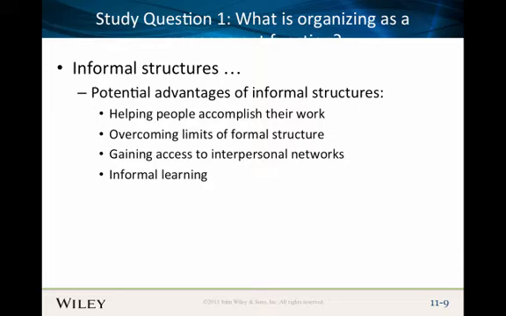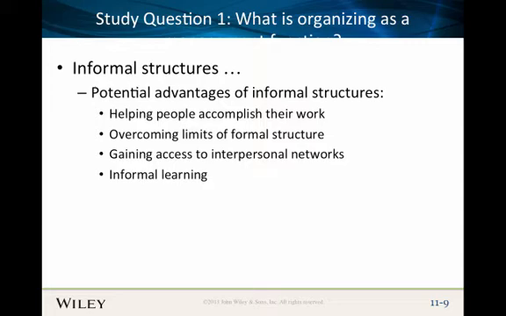A third advantage of informal structures is gaining access to interpersonal networks. What that means is that in the organization, many times people are trying to find ways to connect to others, to get resources, to be able to move and to be mobile in the structure.